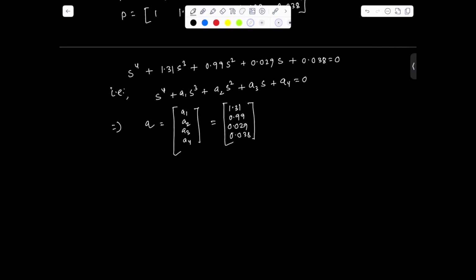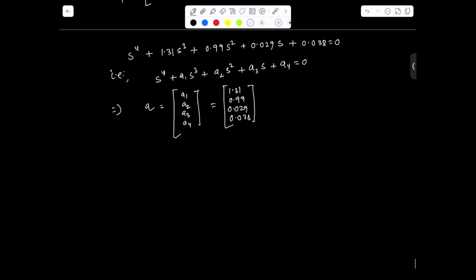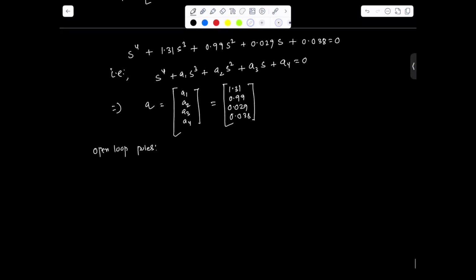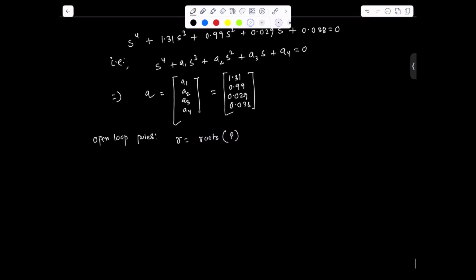Also we can find the open loop poles. We can use the damp command, or you can use r equal to roots of p.